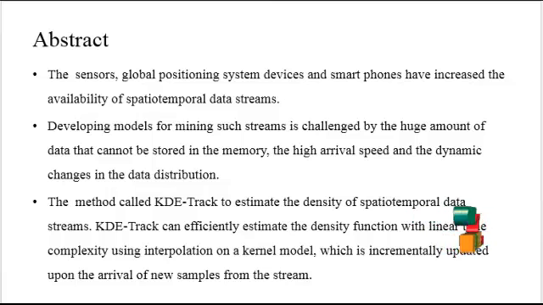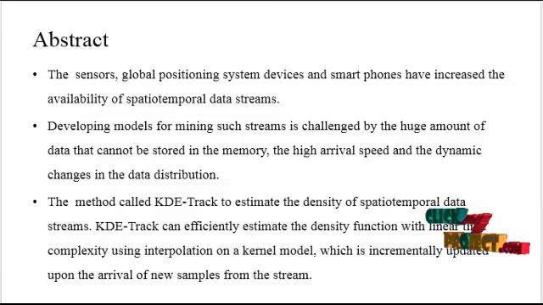In this paper, we present a method called KDE-Track to estimate the density of temporal data streams. KDE-Track can efficiently estimate the density functions with linear time complexity using interpolations on a kernel model, which is incrementally updated upon the arrival of new samples from the stream.